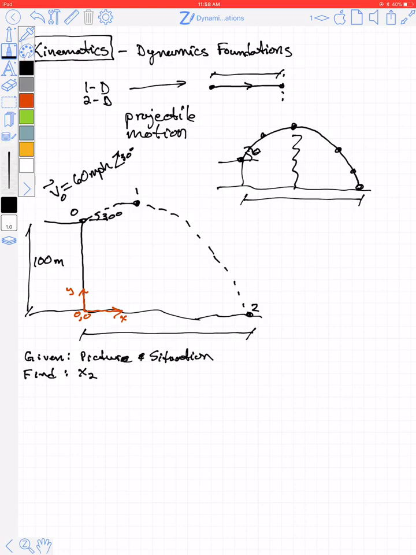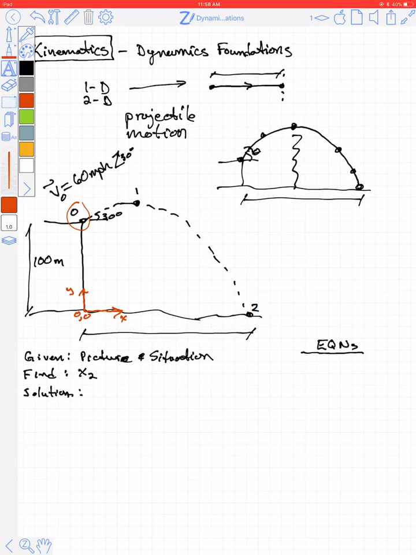In other words, how far in the x direction does the ball land from the building? In our solution, we'll have several steps, and the first step is to recognize which equations we have. The equations for kinematics, there are 3 for the x direction and 3 for the y direction. And we are going to go from point 0 to point 2.